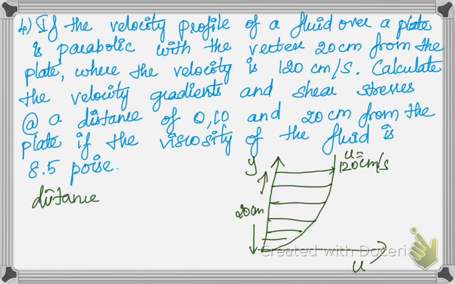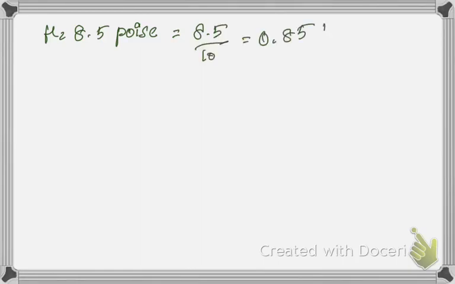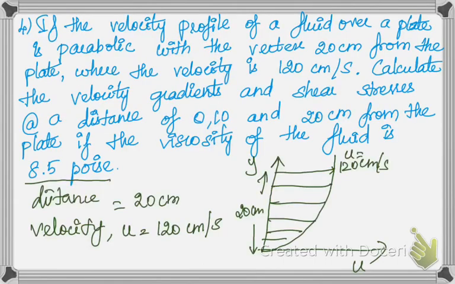Distance is equal to 20 centimeter, velocity u is equal to 120 centimeter per second, and the next important thing is that viscosity is given. So viscosity is given as mu is equal to 8.5 poise. So we have to convert it, which is 8.5 by 10, that is 0.85 Newton second per meter square.